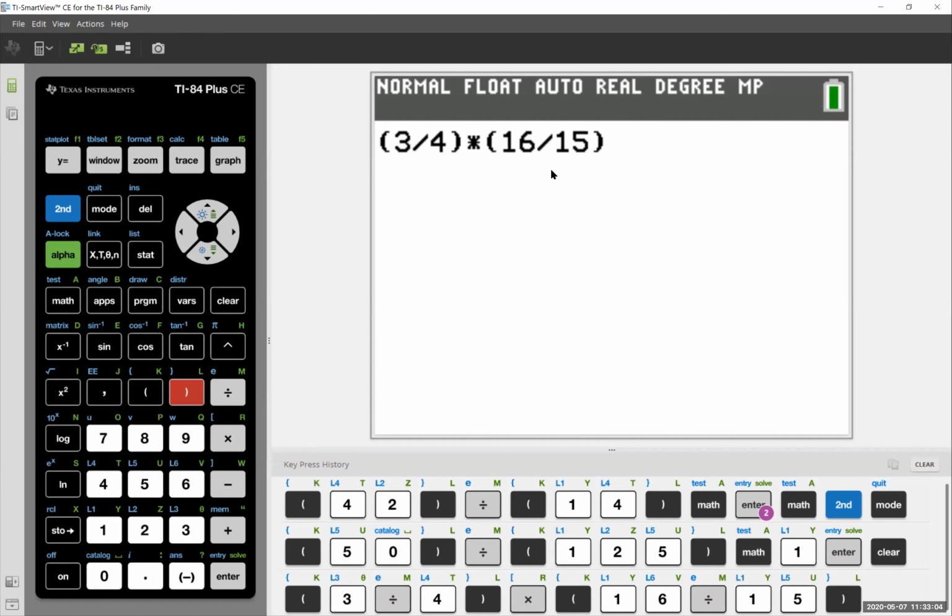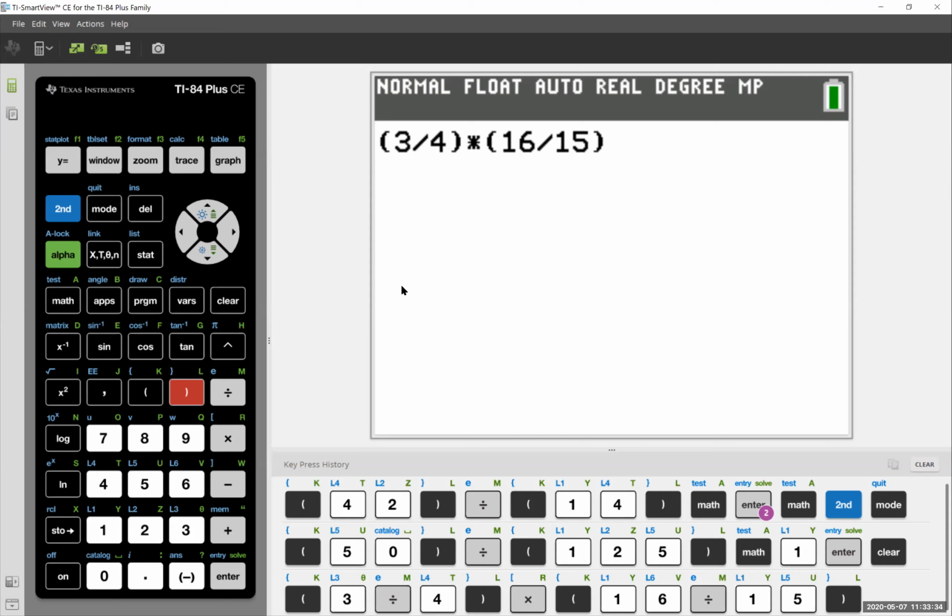If we do not do this, I've seen a lot of points get missed on the test because we just do 3 divided by 4 times 16 divided by 15. And really weird things can happen with a calculator if you do that. It is programmed to follow PEMDAS just as we do, but it might mix up the orders, and I've seen it do that sometimes based on how people type those in. So again, use parentheses. First fraction in parentheses times the second fraction in parentheses.